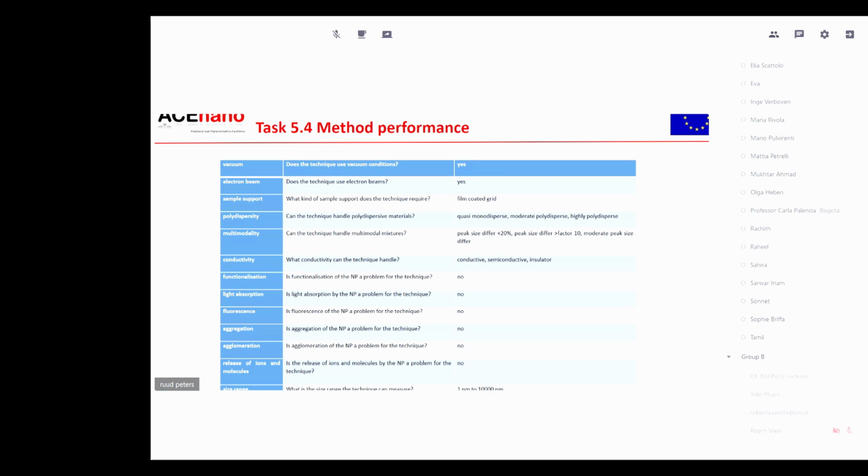Also, just in the image, is what is the size range of the technique it can measure. This is 1 to 10,000 nanometers, so it has a very large size range that it can handle.